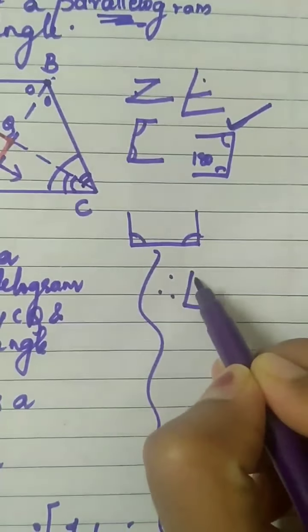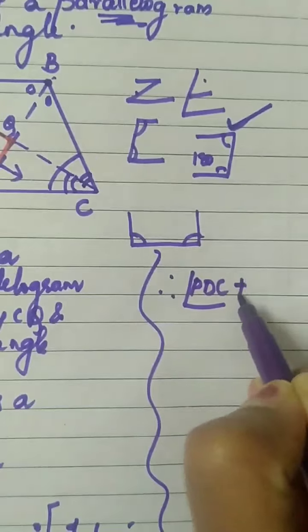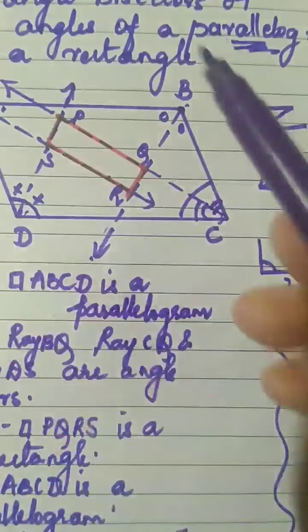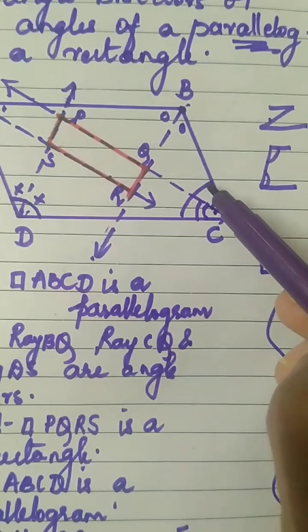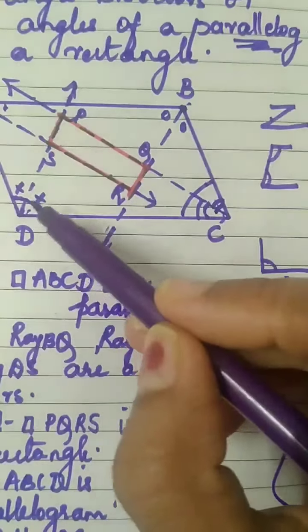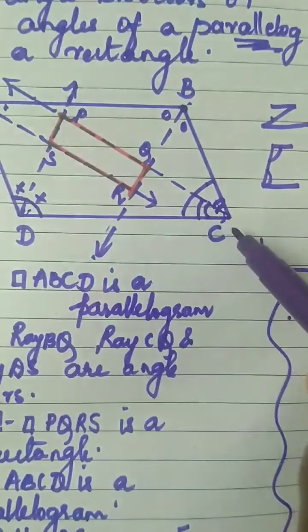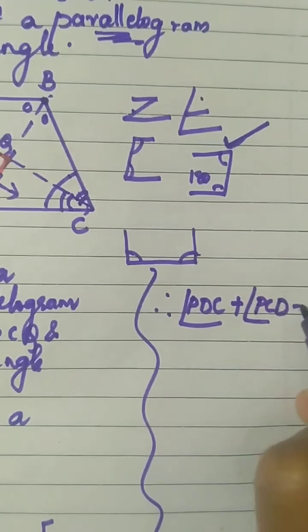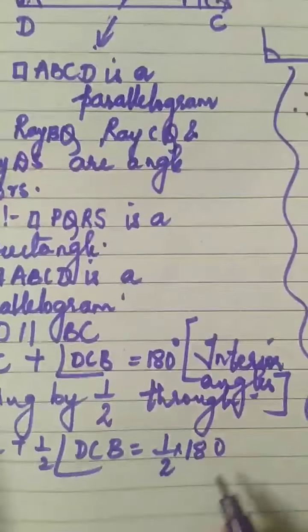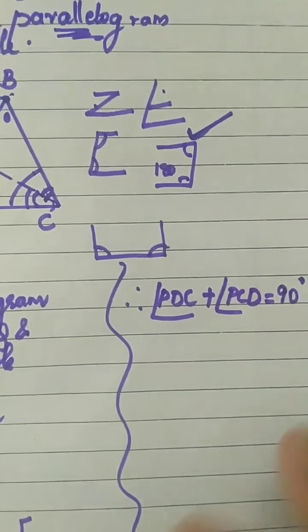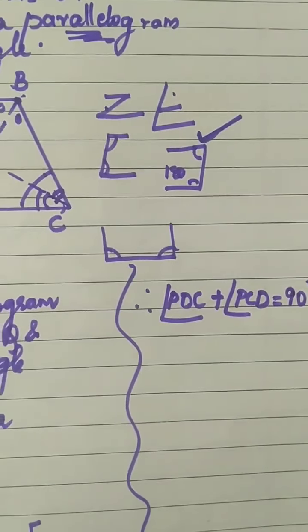Therefore, angle PDC plus, अभी ये angle का half, BCD's half is, either you can take this angle or this angle, but we will consider PCD. Okay, PCD is equal to, what is half of 180? 90 degrees. Fine?